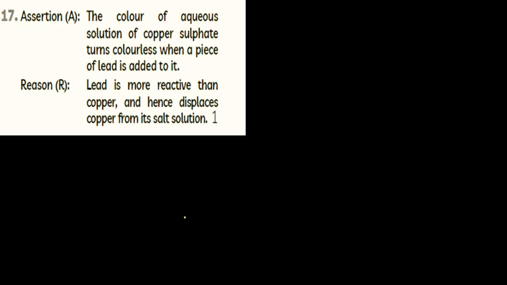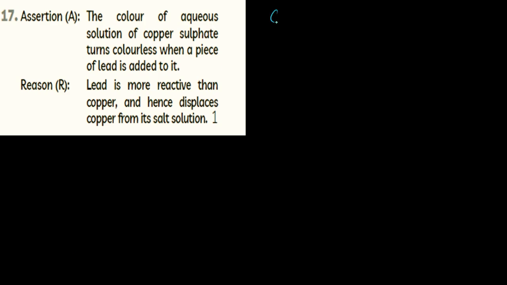Moving ahead. Assertion A, the color of the aqueous solution of copper sulfate is blue. CuSO4 is blue in color. Turns colorless when a piece of lead is added. Lead cannot displace copper because lead is less reactive. This reaction will not happen.